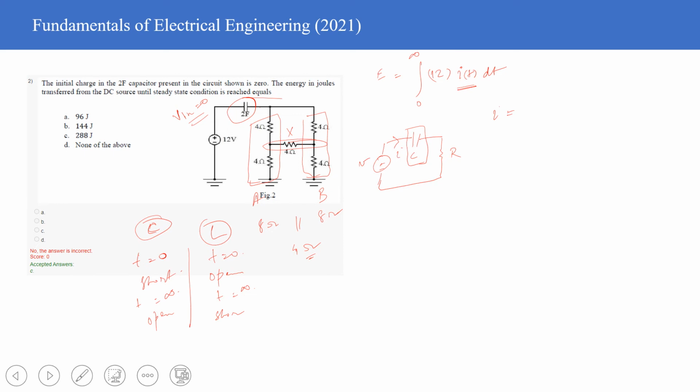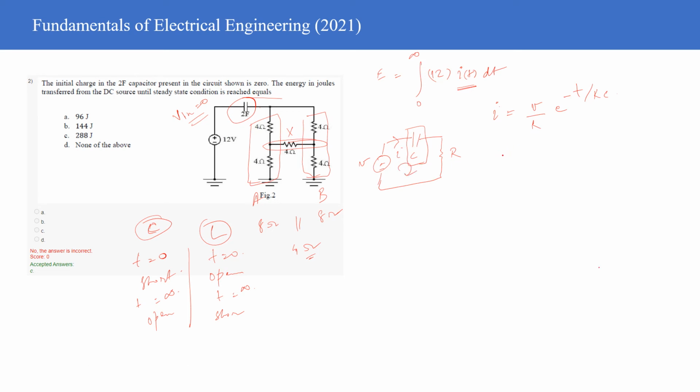So here the current I is going to be given as V divided by R, e to the power minus t by RC. How did I get it? I got it from the same expression which I've been using since the last lecture. You write the KVL for this particular circuit. So what will it be?